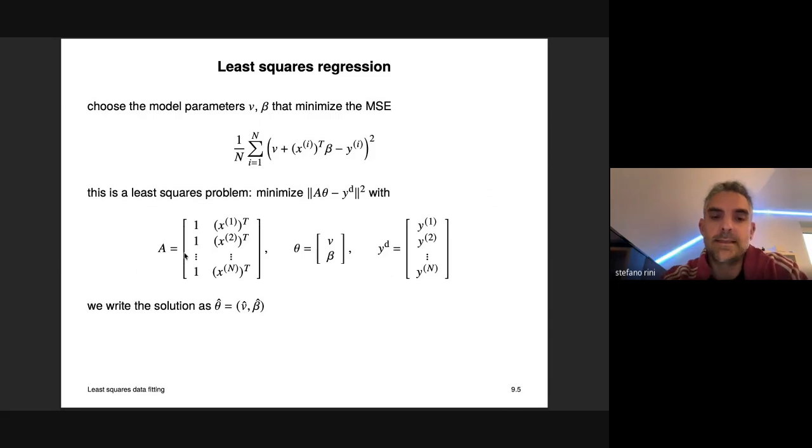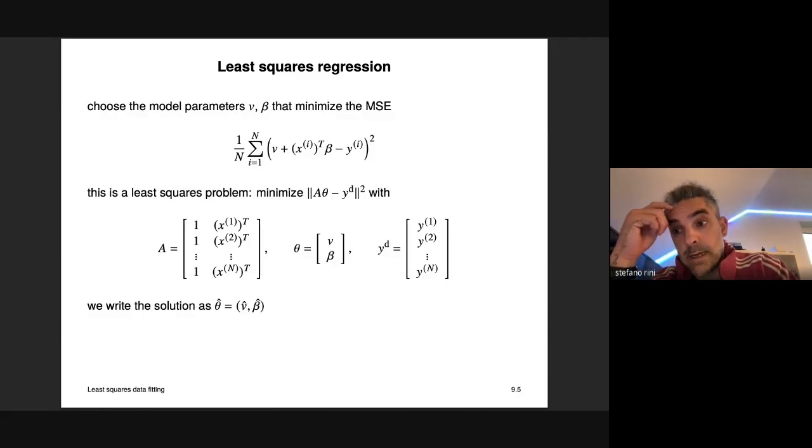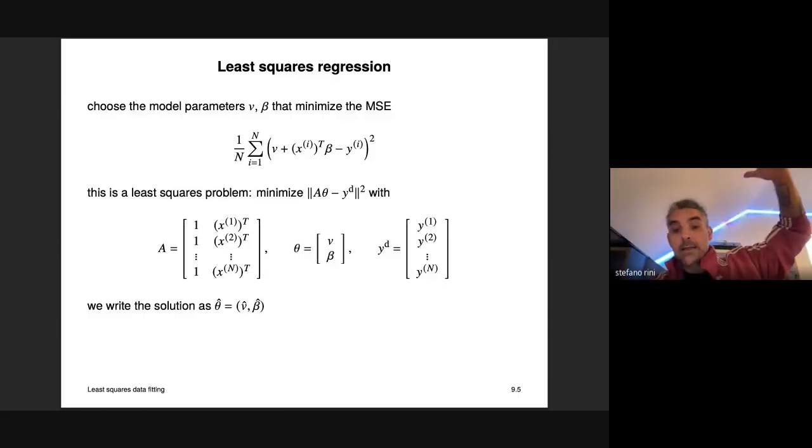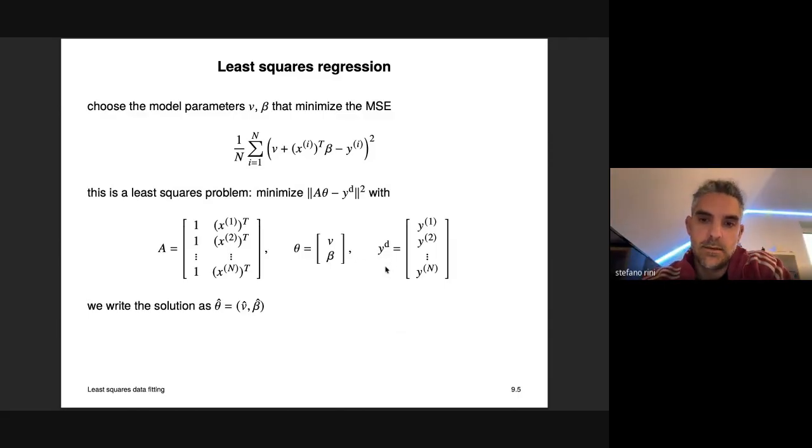So this matrix A has a constant column of ones, and then we form a theta, which has the nu as the first parameter, and after this we stack the vector of beta, which depends on the dimension. So basically we have simply rewritten in matrix form nu plus x transpose beta as A multiplied by theta.